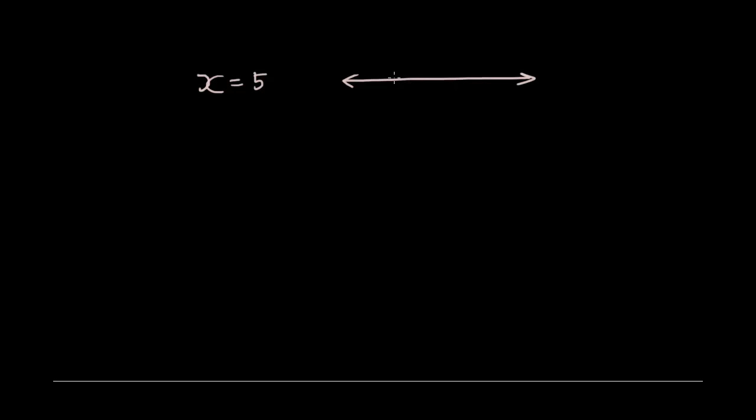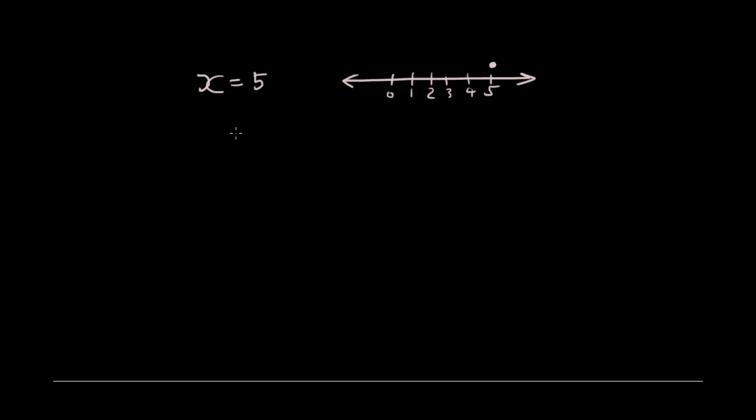Let's put 0 there somewhere, 1, 2, 3, 4, 5. Sorry about the scale. So x equals 5 will just be a dot on that number line where 5 is, correct?